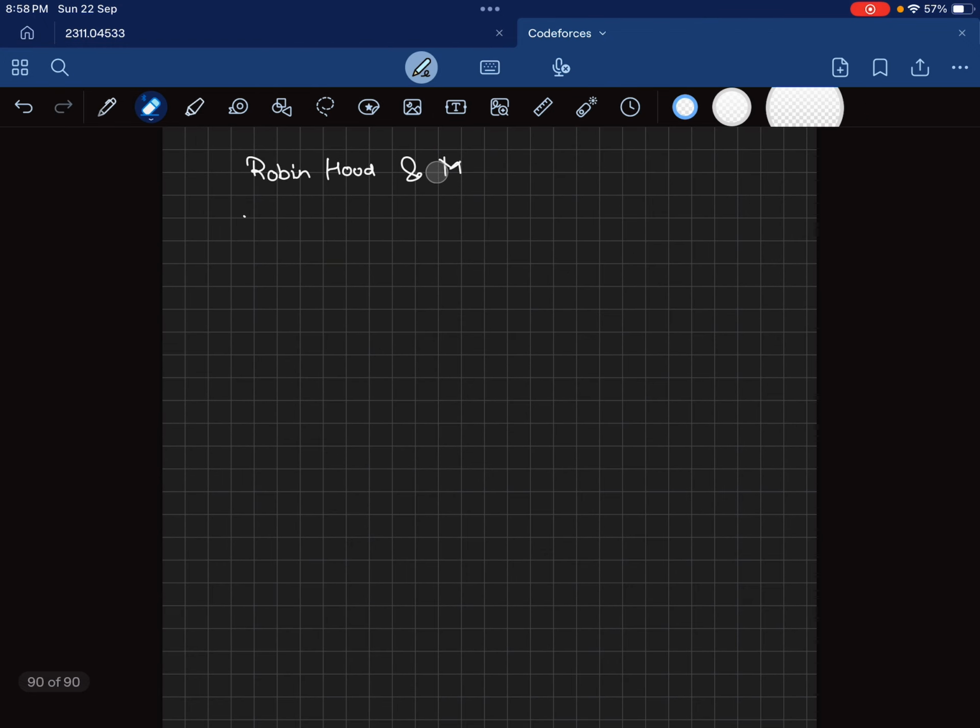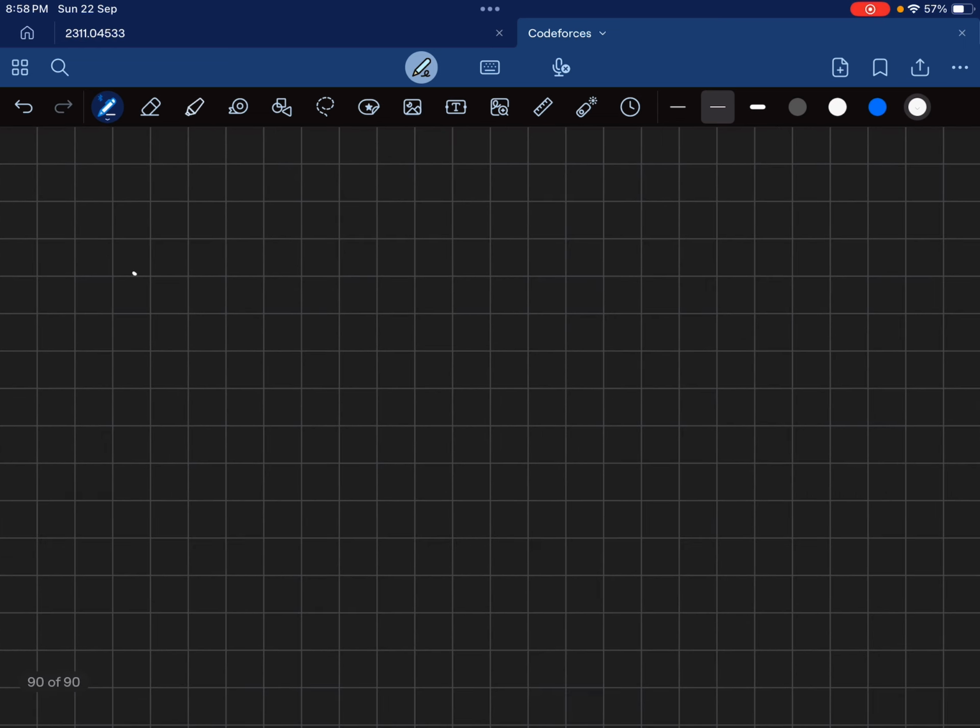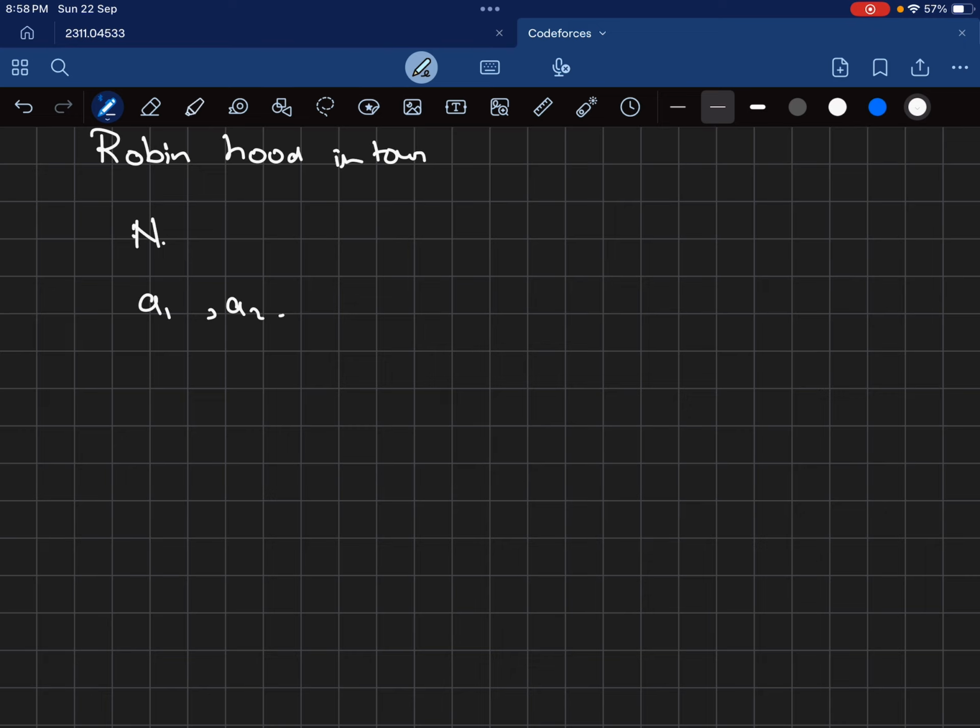Robin Hood in Town. In this question, we are again given an integer n, and the next line contains n integers a1 up to an.